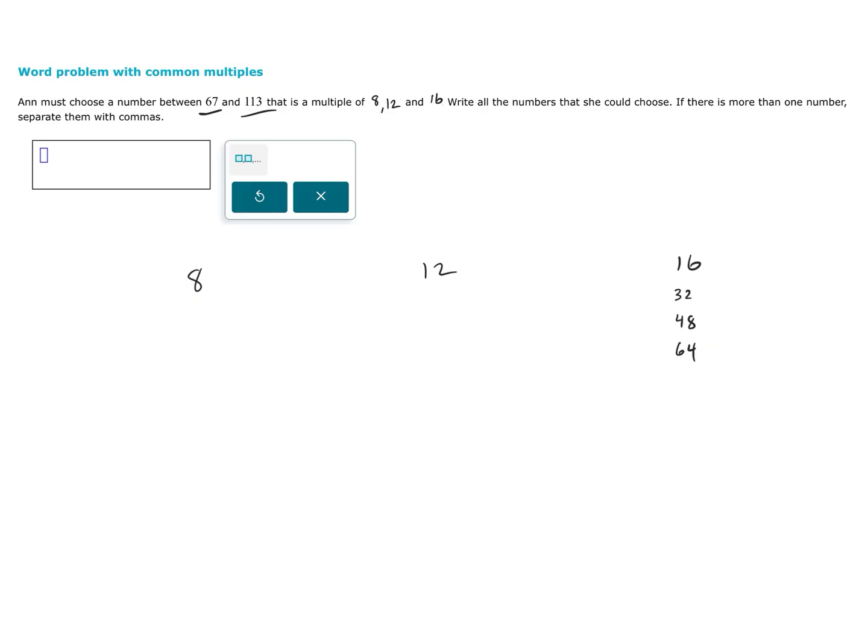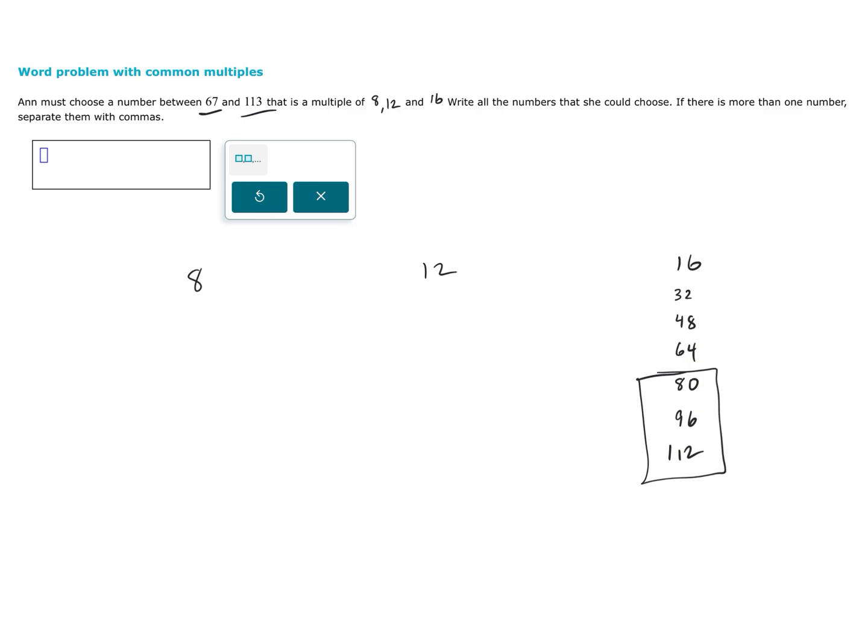And now I'm still not in my range, but it'll help me go ahead and count up. 96. And then if we add 10 to that, we get 106, plus 4 more is 110, plus 2 more is 112. And obviously anything more than that is going to be above 113. So really the only 3 that we care about are these 3 right here. Those are the only ones that are in our range.